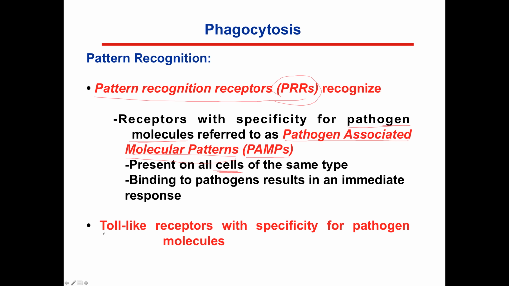But once it's in the endosomes and it's coming apart, then it becomes available. So the ones that recognize nucleic acids are expressed in the endosome. Some are expressed on the surface of the cell, and some are expressed in the endosomes.